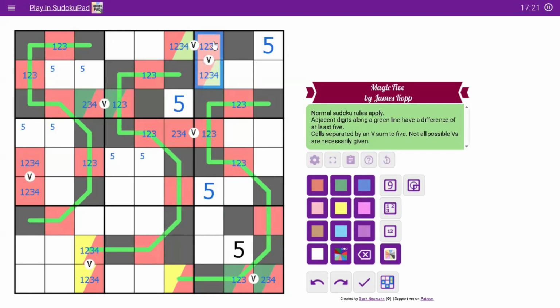But remember, the greens go with each other, and you can't have 3 green digits. So you need 2 green flavor 5s in these 3 squares, so they must go in the 5. That means it's like this, and then this is the same as that.